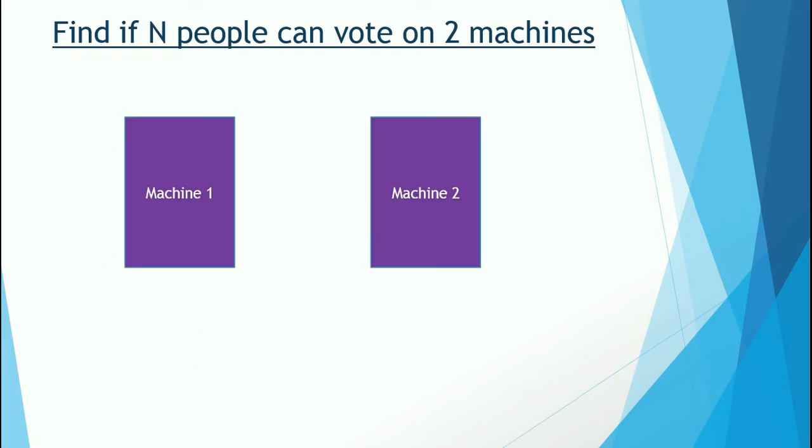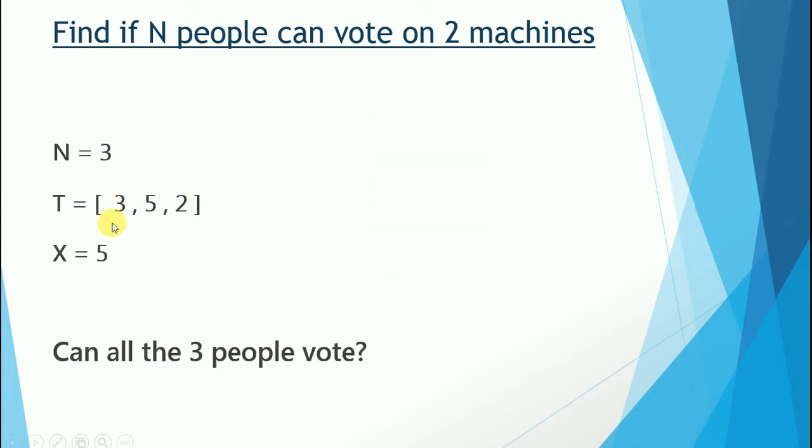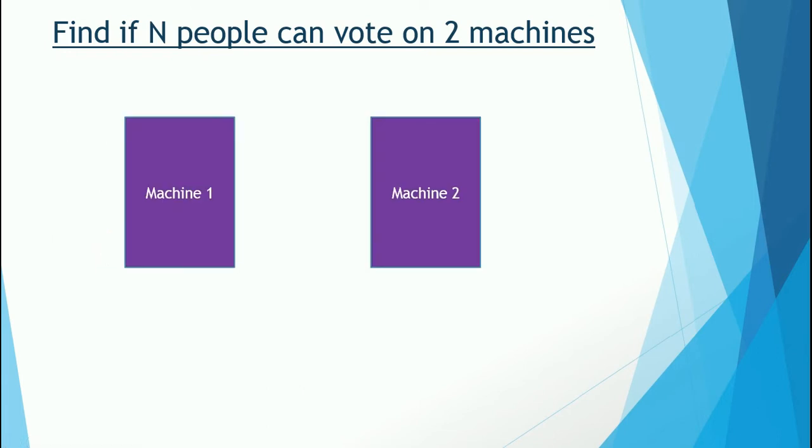Now check this. We have machine 1 and machine 2. These are the voting machines. Now you remember that P1 takes 3 minutes, P2 takes 5 minutes and P3 takes 2 minutes. And the time for which both the machines are operational is 5 minutes. Now when we have machine 1 and machine 2, then P1 goes to vote on machine 1, P2 goes to vote on machine 2.